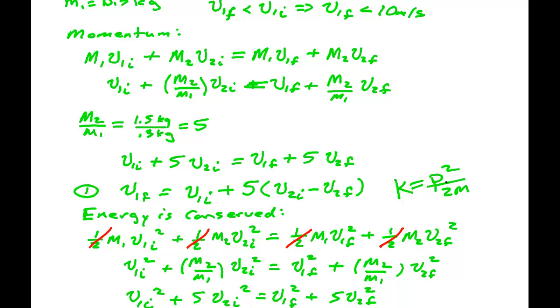And the reason is that the total p in the momentum is conserved. And so often you can cancel things out and make the algebra less difficult. Now, I didn't say always, but a lot of times it will make the algebra less difficult.